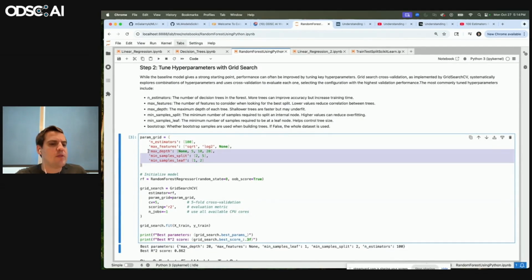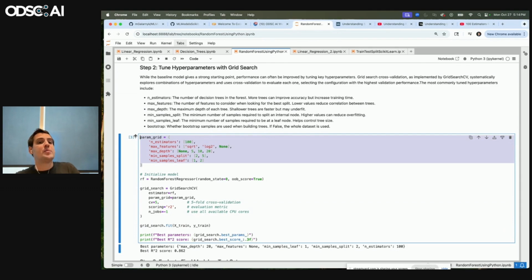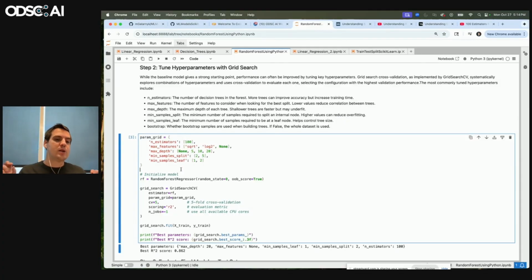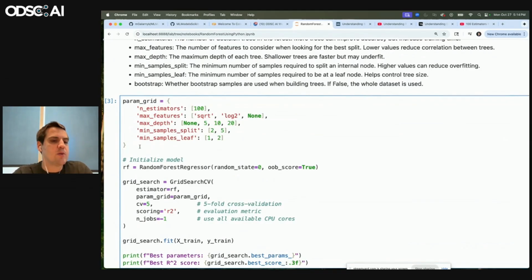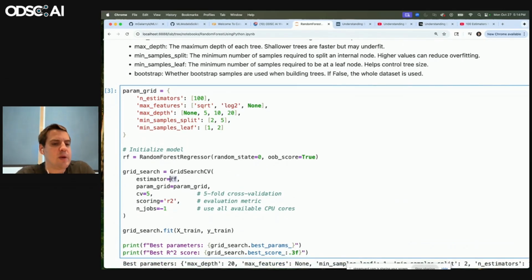If we have multiple different hyperparameters, it'll end up going through every possible combination of them. This is the learning part of machine learning. From here, we do something called grid search. We're going through every possible value of this. This is just saving us from doing a complex for loop. We put in our estimator, our instance of our model, which is set up here. We're putting in our hyperparameters.